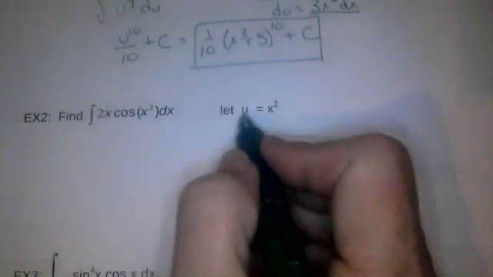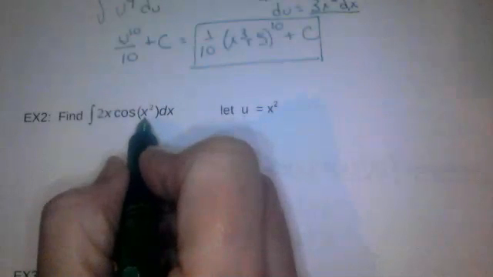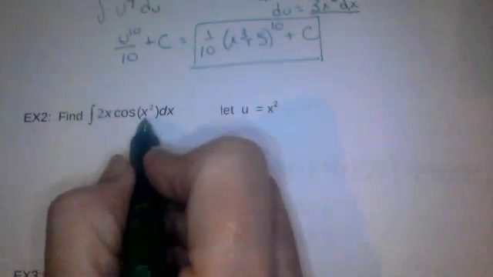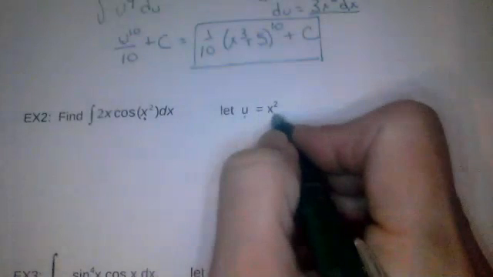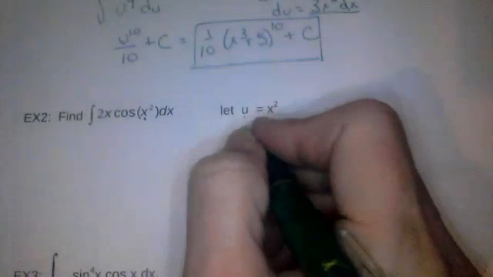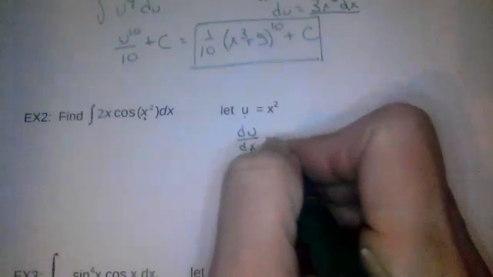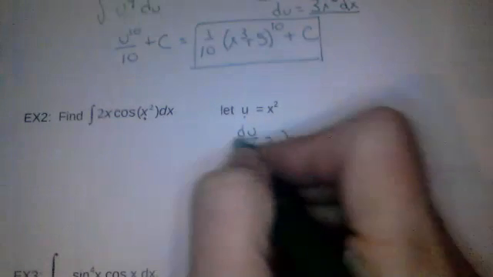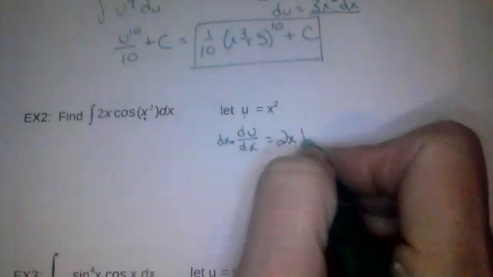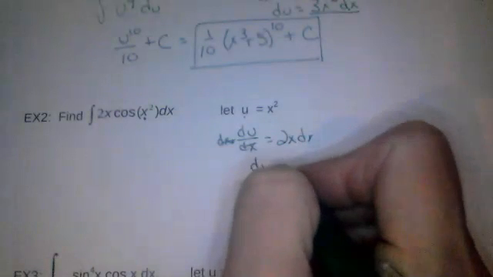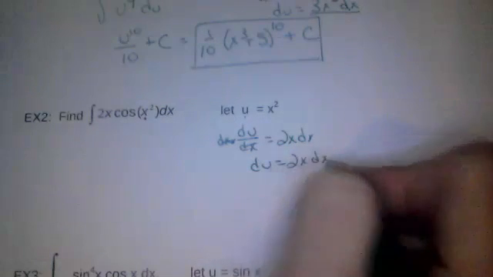All right, for our second example here, they've chosen u to be the inside function of our trig function, where the angle is. So they let u equal x squared. The derivative of u with respect to x is going to be 2x. We multiply both sides by dx, so du equals 2x dx.